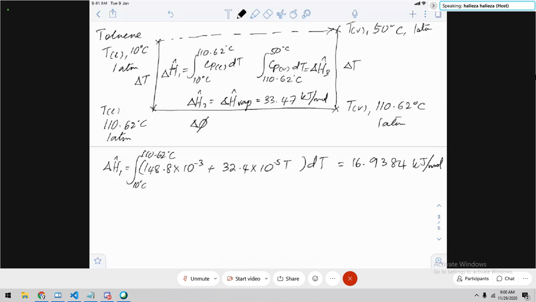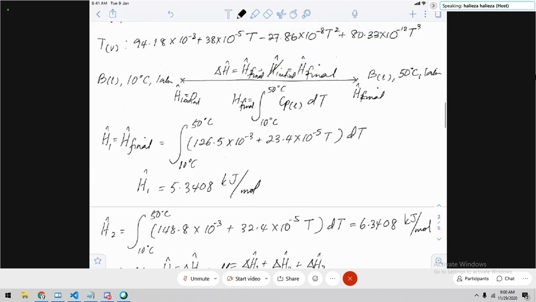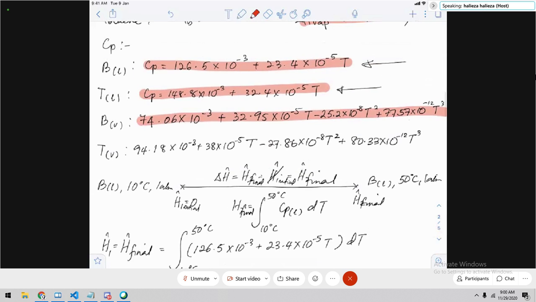For the third step, you do the same calculation, but with a different temperature and different CP, which now we'll be looking at vapor. We're going to start at 110.62 degrees C, and we end up at 50 degrees C. The CP of the vapor phase for toluene is as written over here, which we got earlier from Appendix B2.